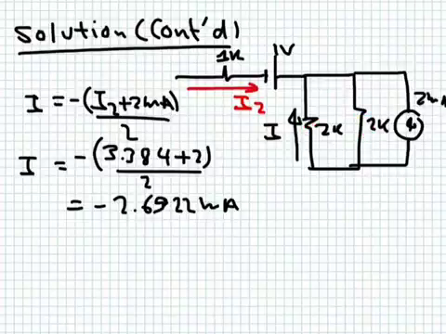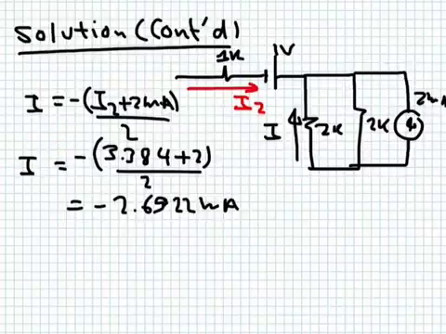So you can simply say that the current I am looking for is nothing but this current I2 plus 2 milliampere, divided by 2, and then I give it a negative sign because of the polarity. The sum of this one and this one results in a current flowing from top to bottom, while I is flowing from bottom to top. So this is the expression for the current I.